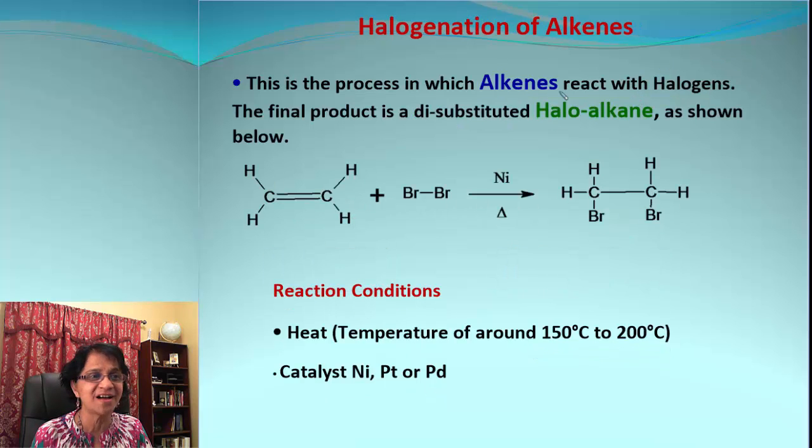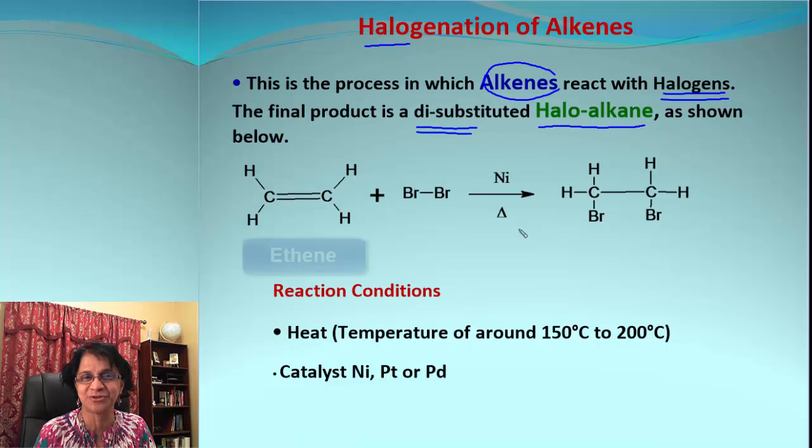Next type of reactions are halogenation reactions, and as the word halo suggests, that means alkenes are reacting with halogens. And halogens, you know, they are fluorine, chlorine, bromine, and so on. And what is the final product? That is a haloalkane, which is disubstituted.